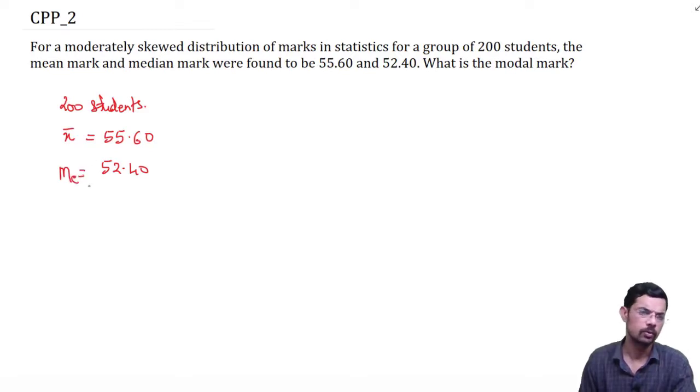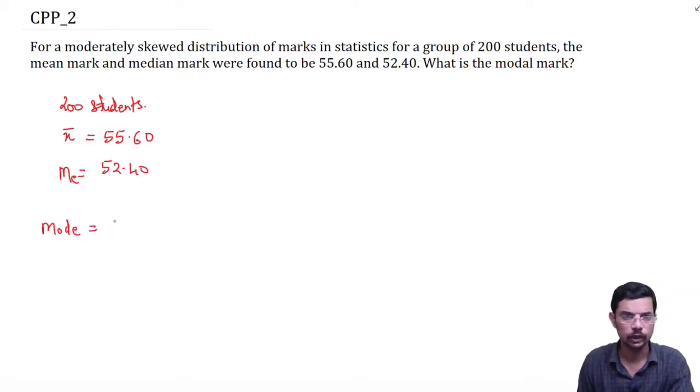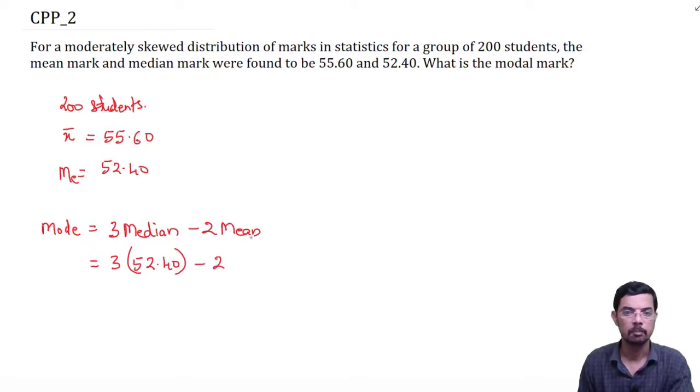Now we need to find the mode of the given data, and mode is equal to 3 times median minus 2 times x bar, that is mean. So 3 times median, 52.40, minus 2 times mean, which is 55.60.